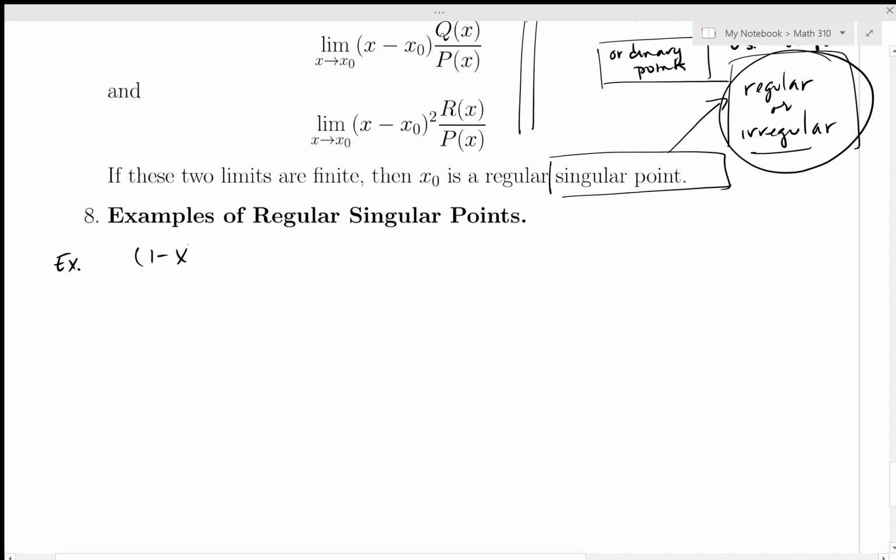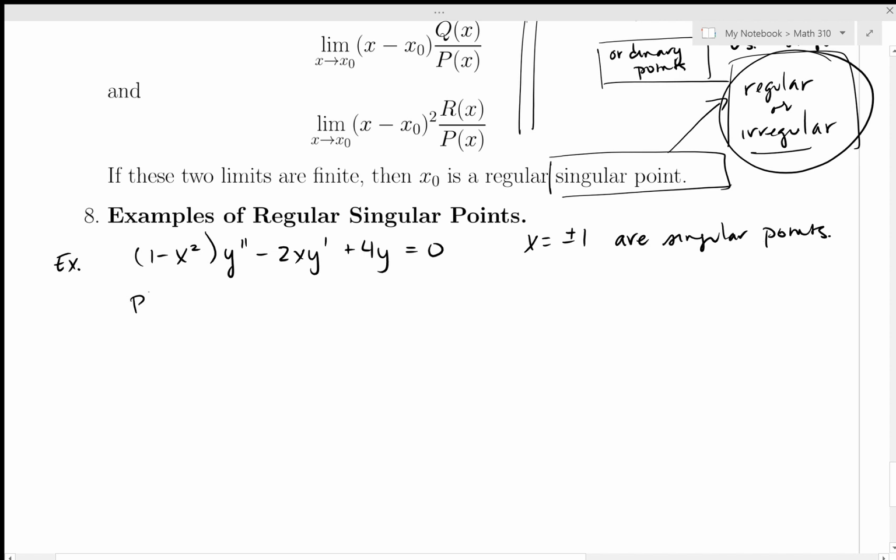So we're going to take this differential equation here. I think we had this in our first example to identify the singular points. On our first slide, we had identified that x equals plus or minus 1 are singular points. Now I'm going to ask, are they regular or irregular singular points?